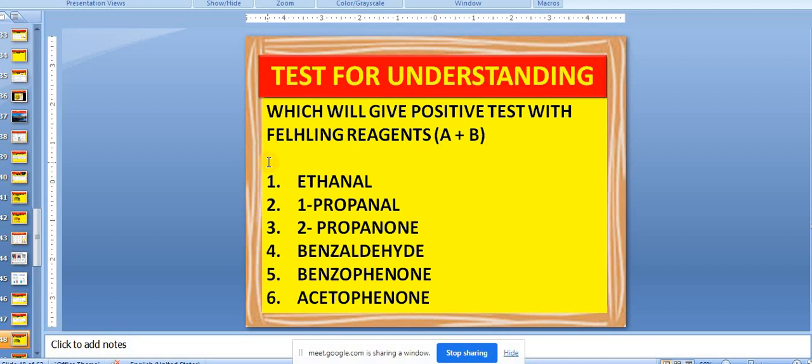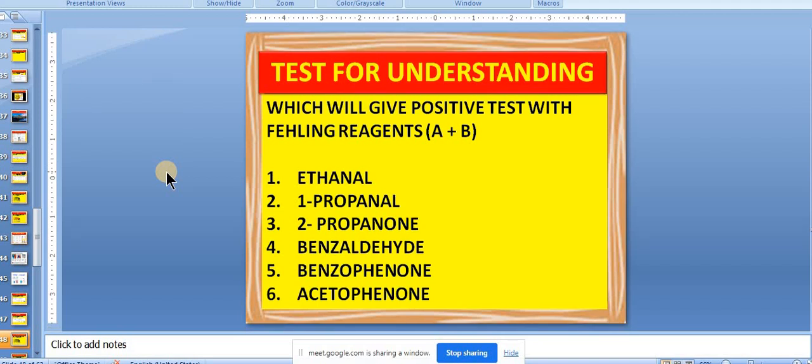Now, this is the understanding test. Can you please check and write your solution: which will give test with Fehling solution? Ethanol, propanol, propanone, benzaldehyde, which will give? 1 and 2 are giving the test.